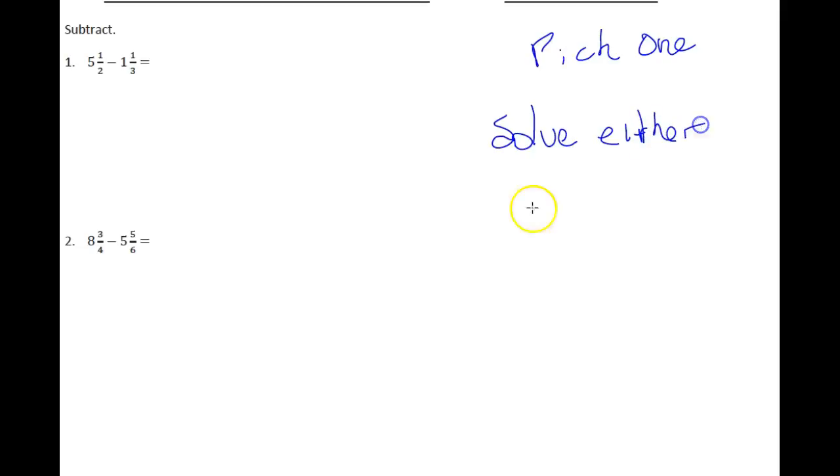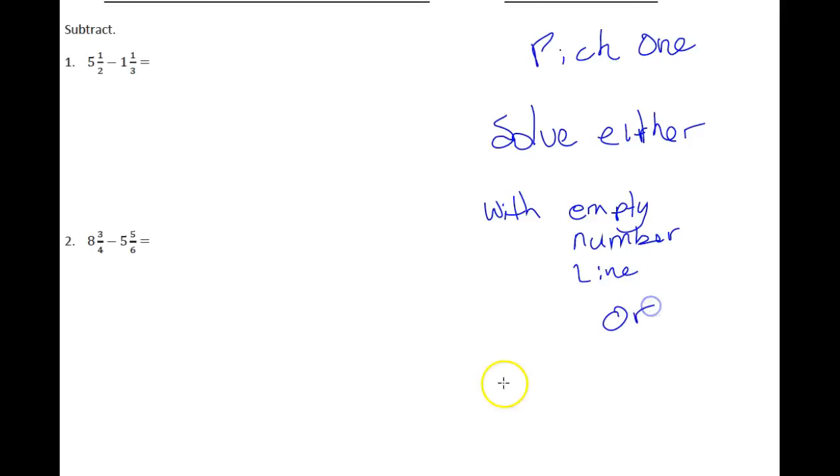So what I would like for you to do is pick one and then solve either with empty number line or parent style. Up to you. So pick one, and I'll see ya tomorrow.